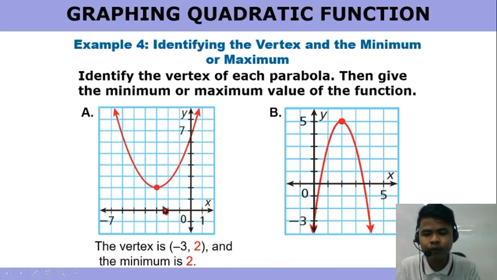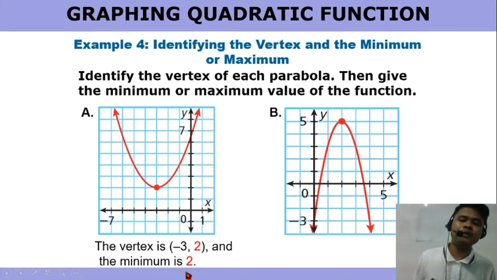If we locate the point, nasa negative 3 siya and 2 coordinate. Okay. As to what I have said kanina, if parabola opens upward, then the y value will be the minimum. Magkakaroon naman ng minimum value if ang opening ng parabola is upward. So, the minimum value is 2. Okay, the y value.